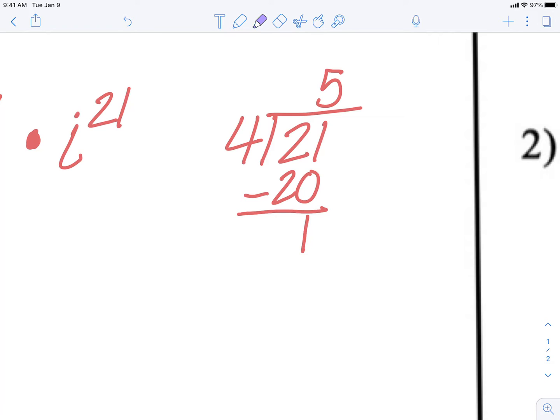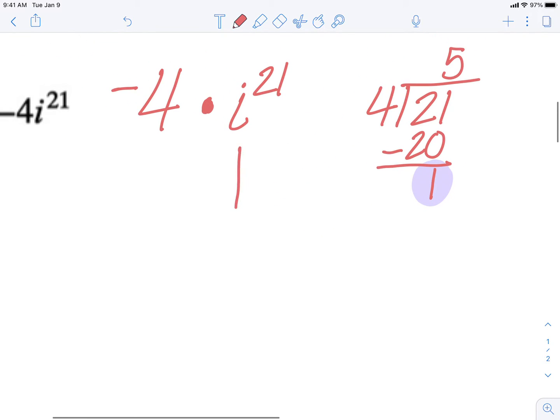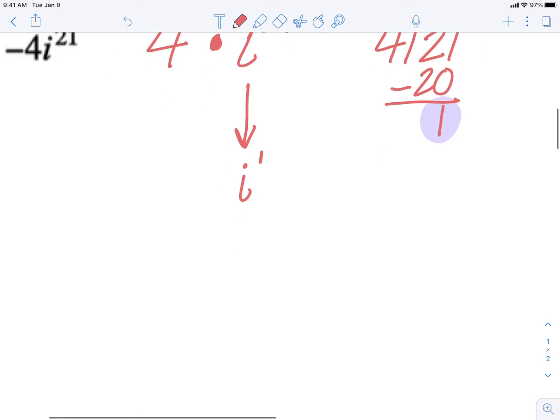So this is my remainder. So that means that this I to the 21 becomes I to the first power. And we know from our imaginary key that I to the first power is just I.